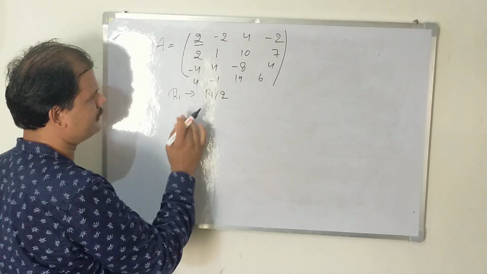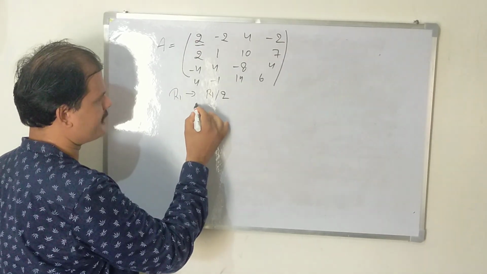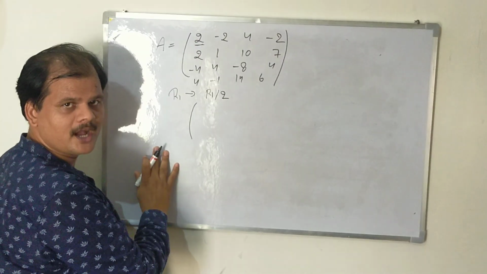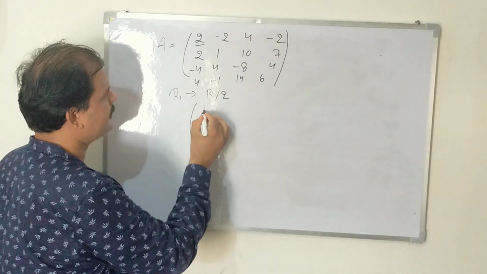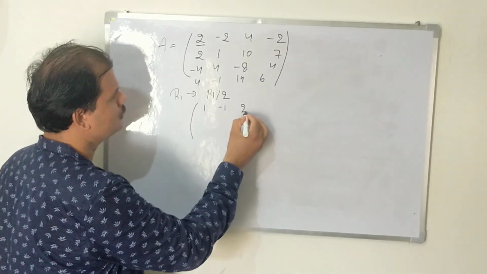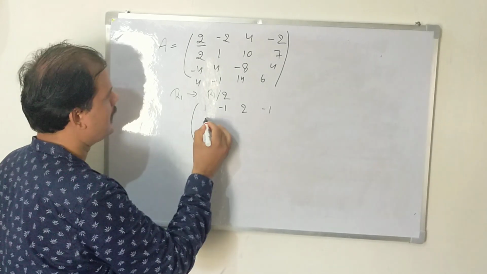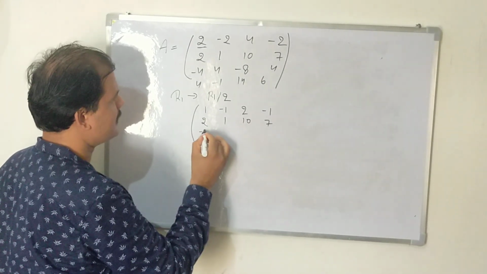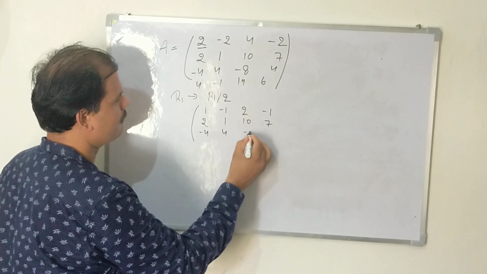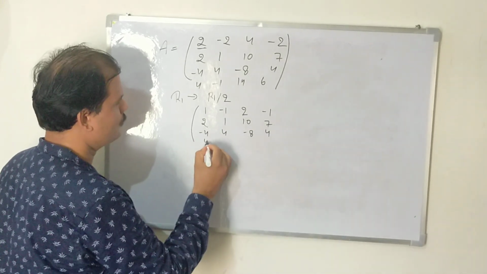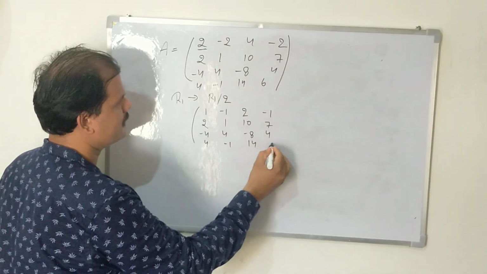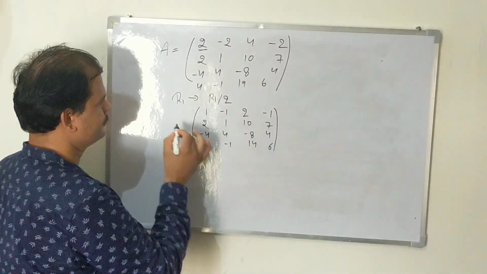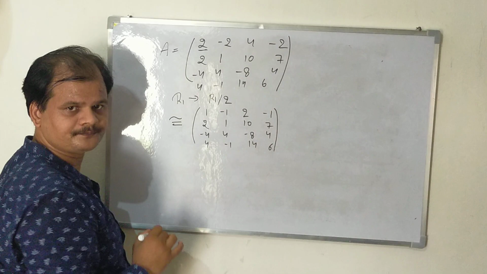So this will become 1. So we have 1, minus 1, 2, minus 1 and 2, 1, 10, 7, minus 4, 4, minus 8, 4, 4, minus 1, 14 and 6. So this is the equivalent matrix.